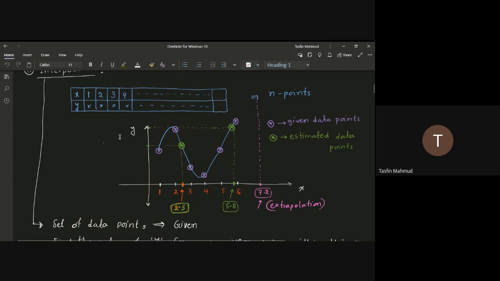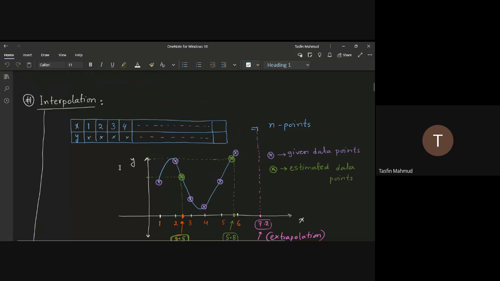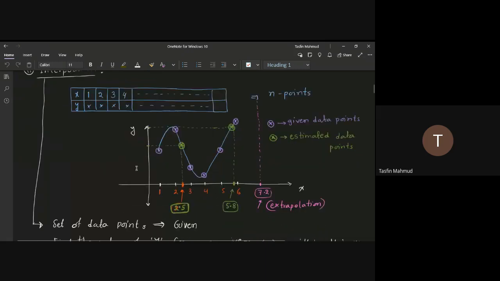So we have been given this data table to apply the idea of interpolation. What was interpolation? In an experiment, we consider some certain points, like data at x equals 1, or x equals 2, 3, 4. But we may need to find the value of y in between this given data.